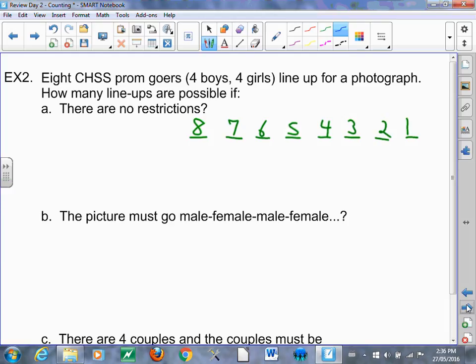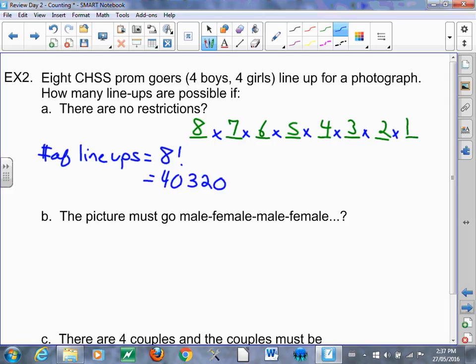Remember, folks, these options are all multiplied, and hopefully you recognize that as factorial. So the number of lineups equals 8 factorial, which is 40,320.